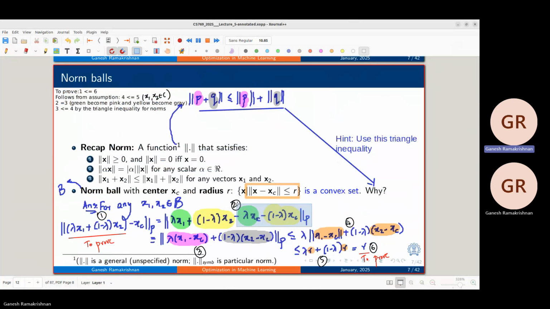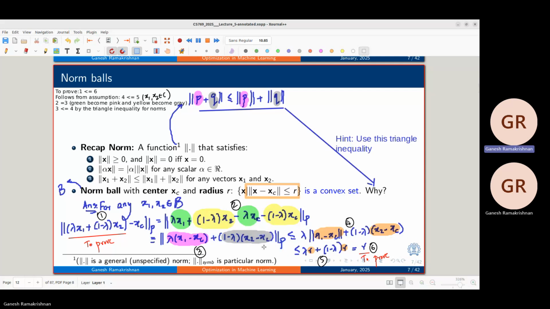In the next step, I distribute the xc. You can see there's color coding. The parts in green, lambda x1 plus lambda xc, I combine together into the pink part. Similarly, the yellow parts, 1 minus lambda x2 minus 1 minus lambda xc, are combined into this gray part, 1 minus lambda times x2 minus xc.